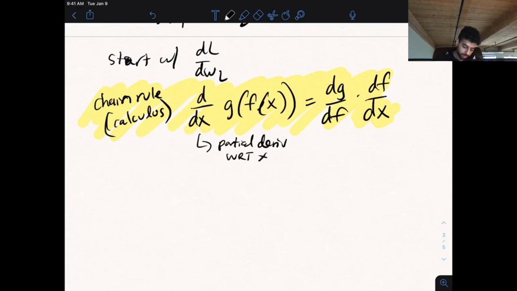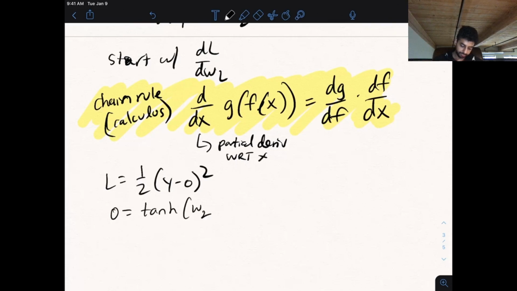Okay, so we know our loss function is this, and we also know that O here is a function of w sub 2. We work our way back: we have this loss function, we go over here, and we see that w2 occurs here.